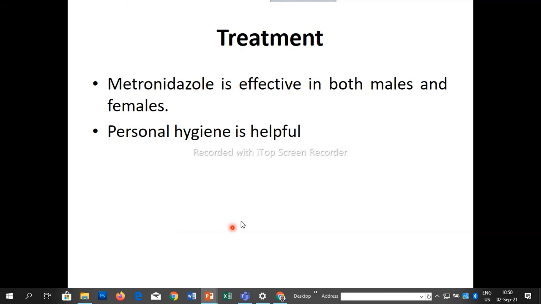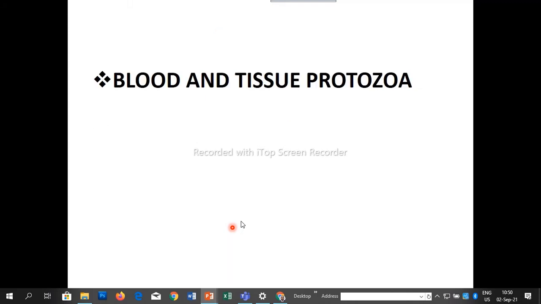Treatment is metronidazole, as I said, and also you have to treat your partner if you have one, so that you make sure you eliminate the infection in the family.